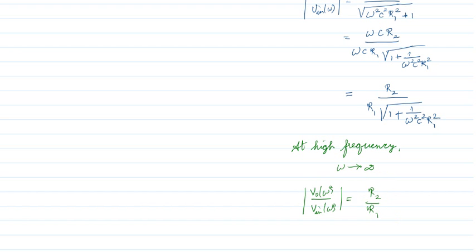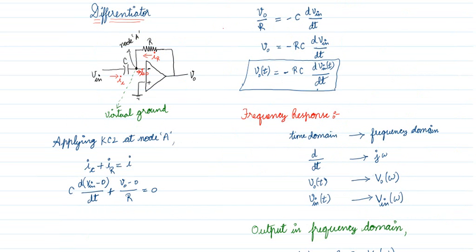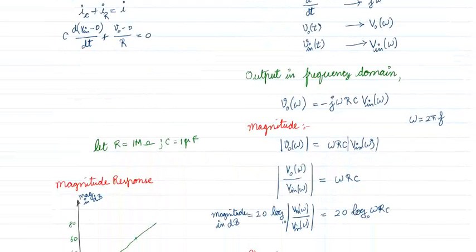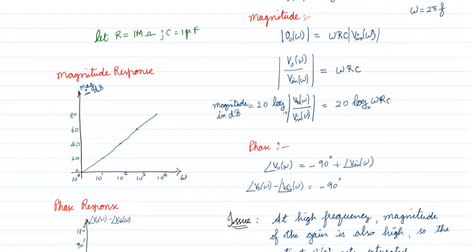So we go to the magnitude response, into the first slide. This is how we got the magnitude response. If you look here, when omega is increasing, the gain or magnitude response is also increasing.